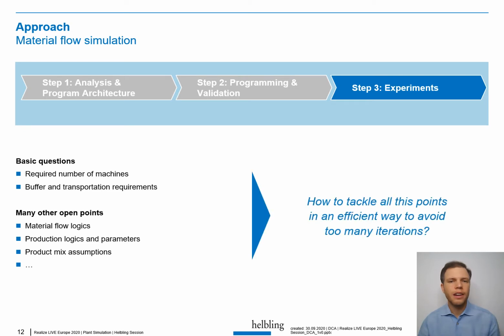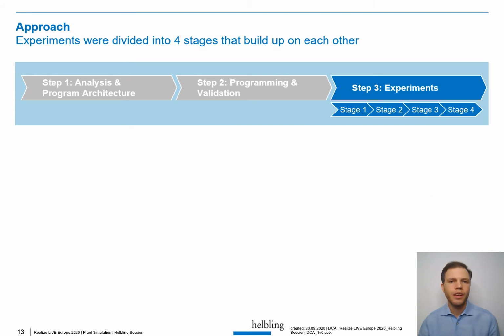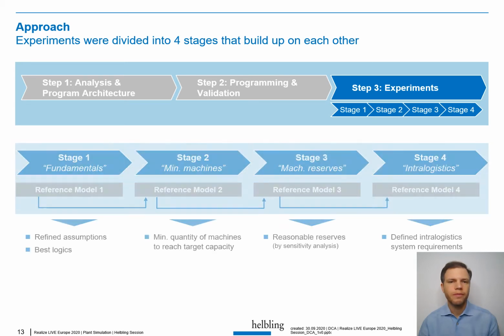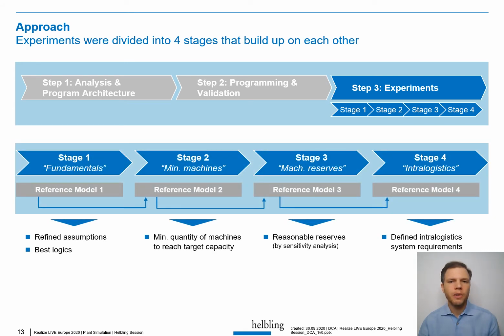So how to tackle all these points in an efficient way to avoid too many iterations? We decided to divide the open points in 4 stages that build up on each other. The experiments carried out in each stage were based on a reference model that was iteratively adapted with the findings from the previous stage. We first tackled all the fundamentals that influence all other experiments.